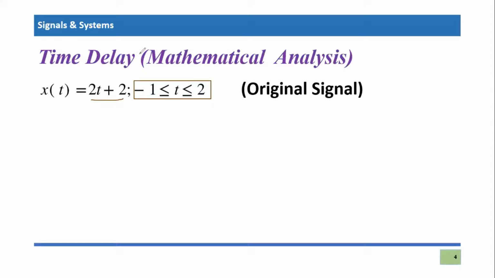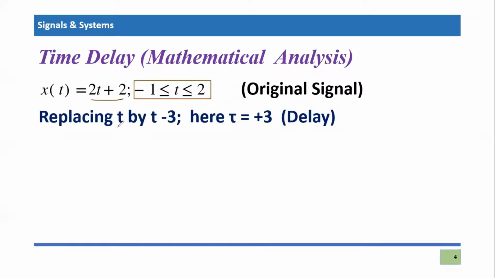Now let's perform the time delay operation. I will replace t by t minus 3. Remember, in time shift operation, t is replaced by t minus tau. If you compare t minus 3 with t minus tau, this is the value of tau, so tau is simply +3, which means we are going to delay the signal.